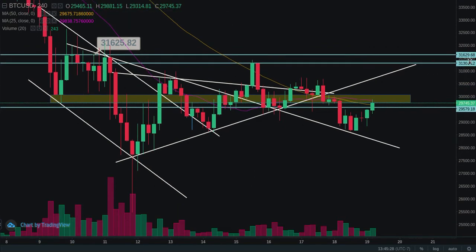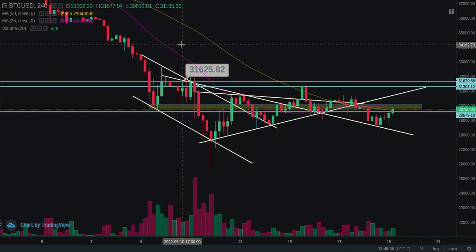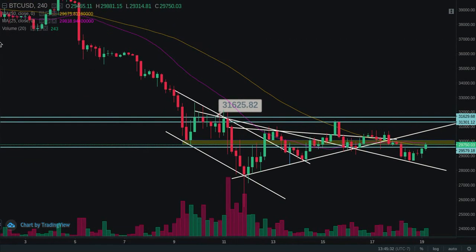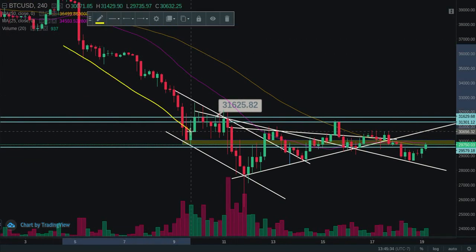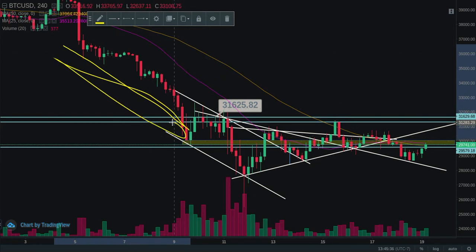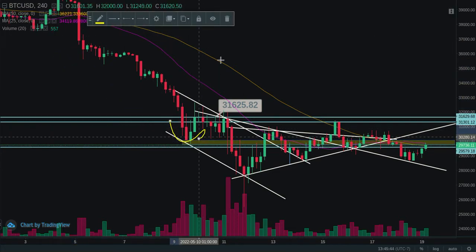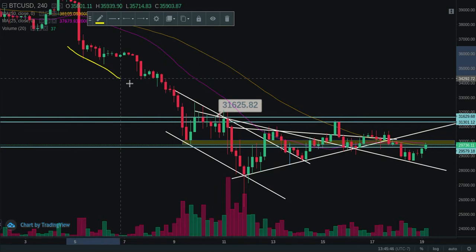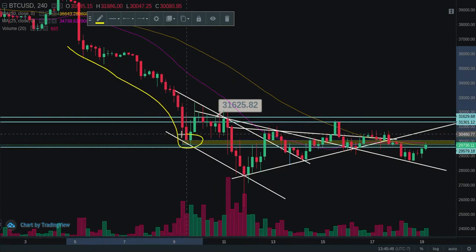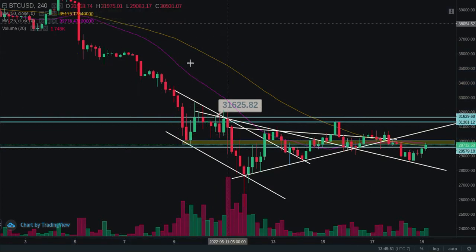It's like if you fall out of a plane and you hit a cushion, a big giant balloon or something to break your fall. That's what this area is right here. So you're falling really fast, and then boom, this is where we caught a bounce. So that's definitely important.